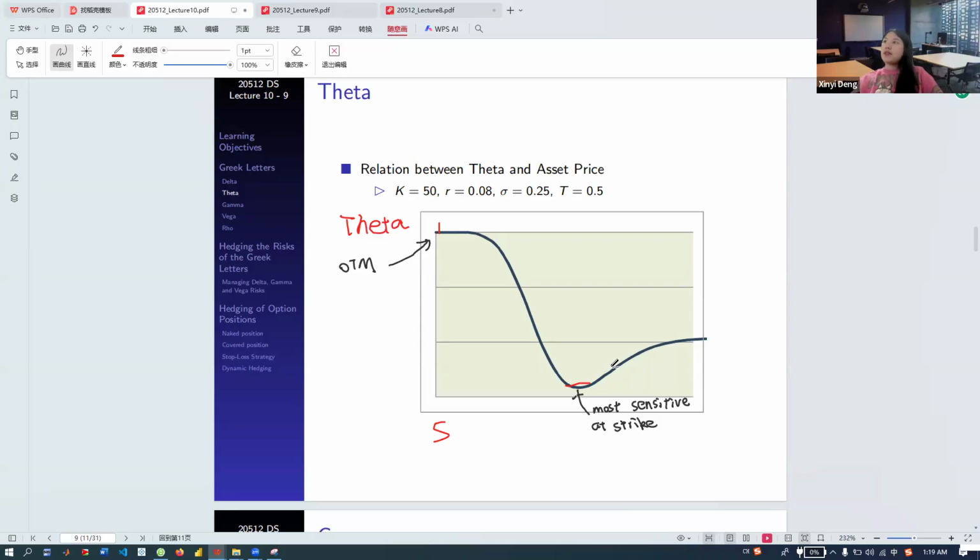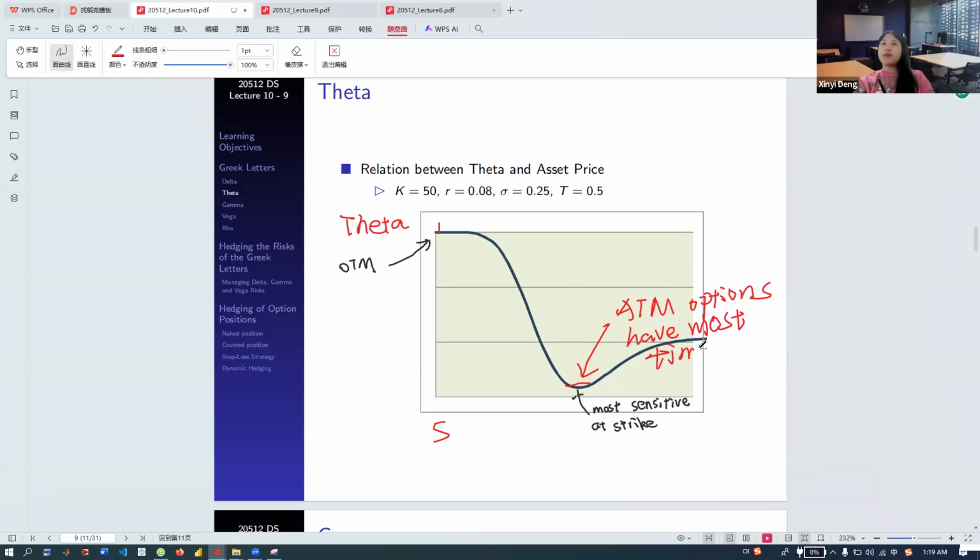Let me write the reason here for being most sensitive at strike. The reason is that at the money options, compared to out of the money and in the money options, have the most time value.